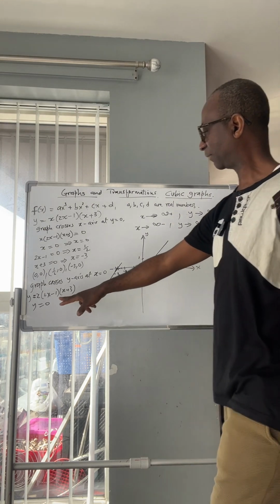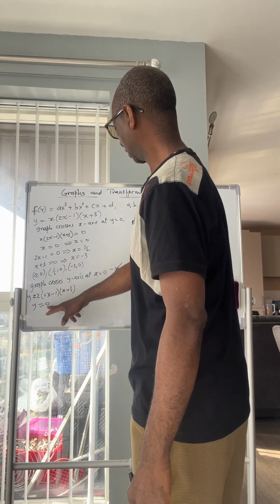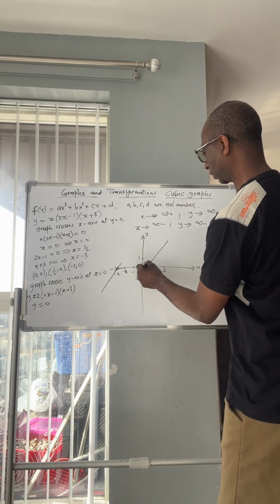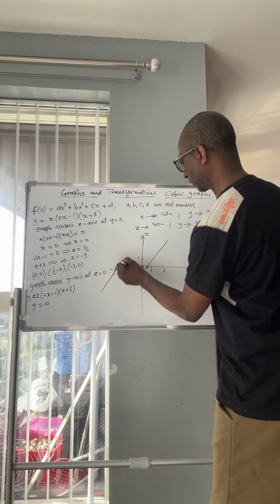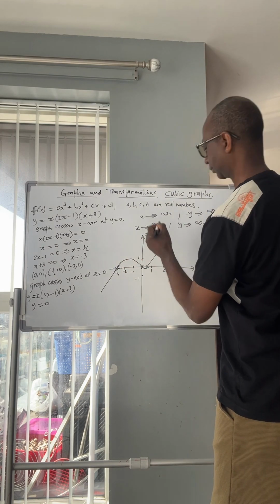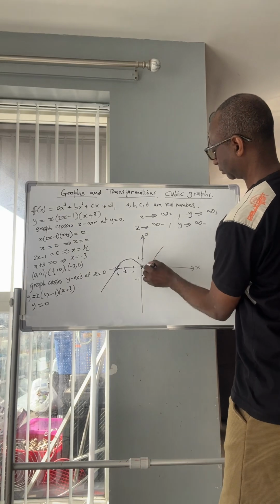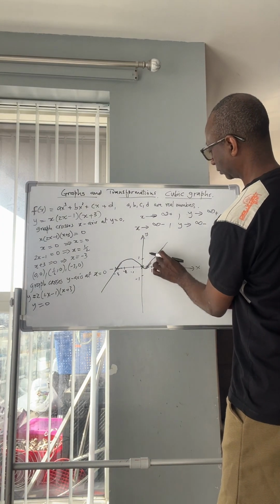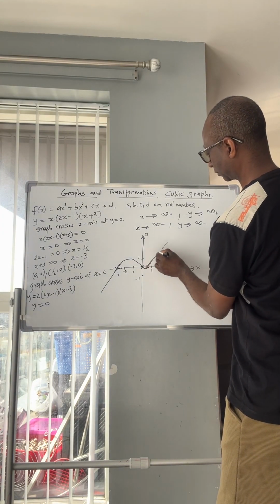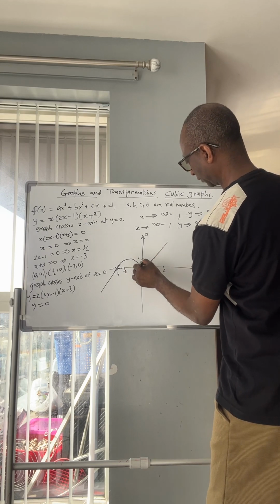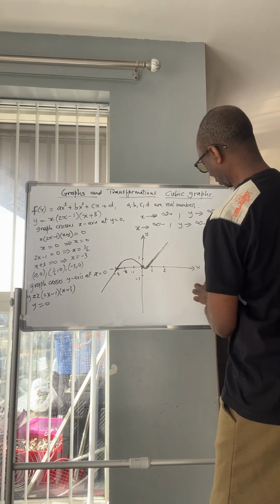But the graph crosses the y-axis at 0, so we have something like this. Mind you, this is not a straight line, just for explanation purposes; everything here is just a smooth curve.